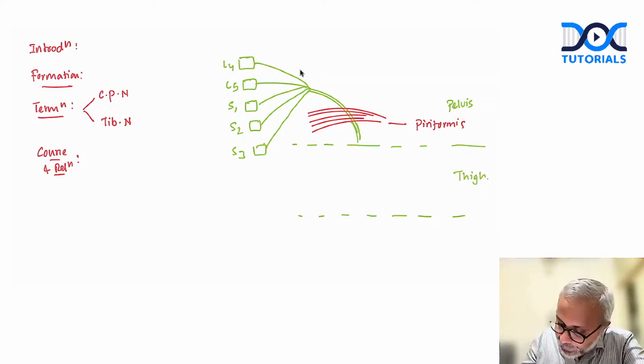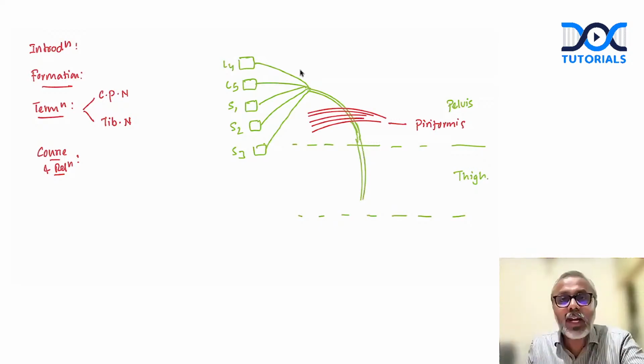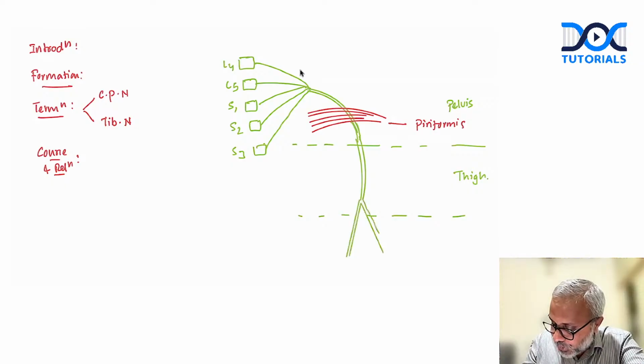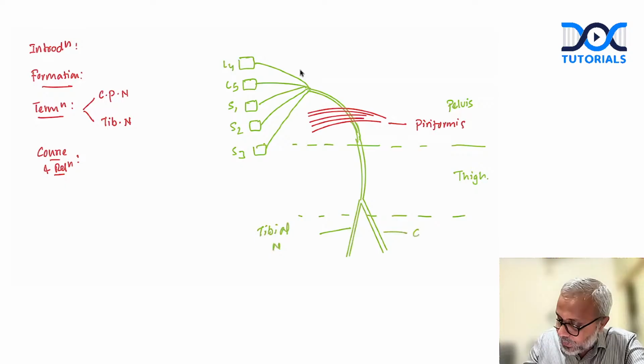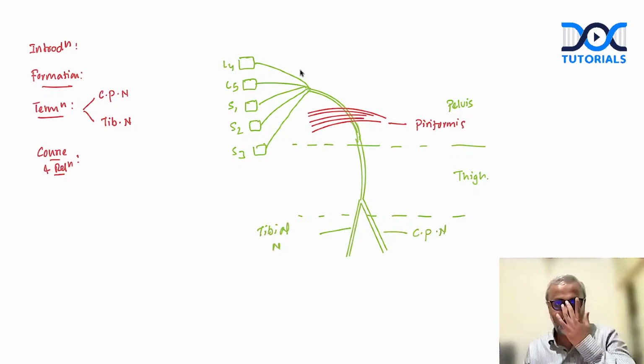In the back of the thigh, it descends in between the hamstring muscles. Right? Now here, it will divide into two divisions. Okay? Now, what are the two divisions? It will divide into a medial division and a lateral division, which are called, let's say this is the tibial nerve, right? And this is the common peroneal nerve. This is all we need to describe in termination.